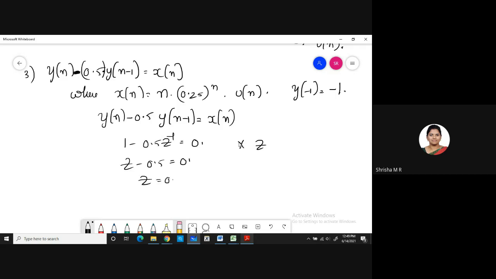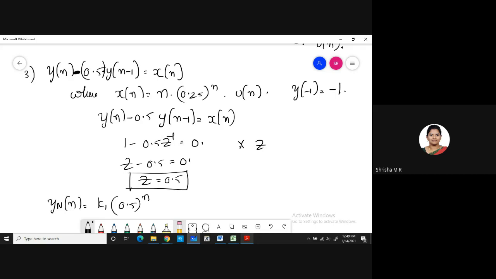So z is equal to 0.5. This is the root of the characteristic equation, so it is real and distinct. So your natural response yn of n will be equal to k1 into 0.5 to the power of n.